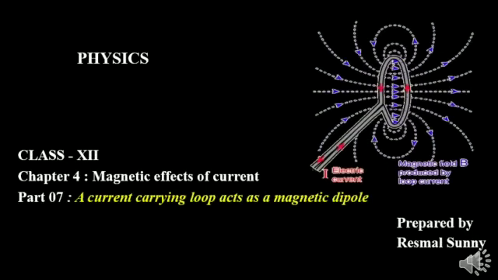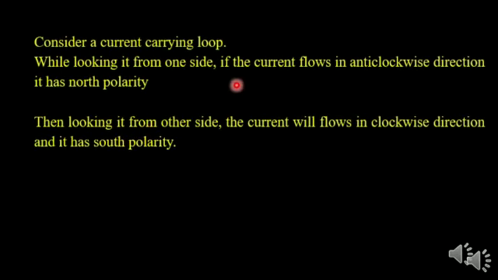A current carrying loop acts as a magnetic dipole. Consider a current carrying loop. While looking from one side, if the current flows in anti-clockwise direction, it has north polarity.